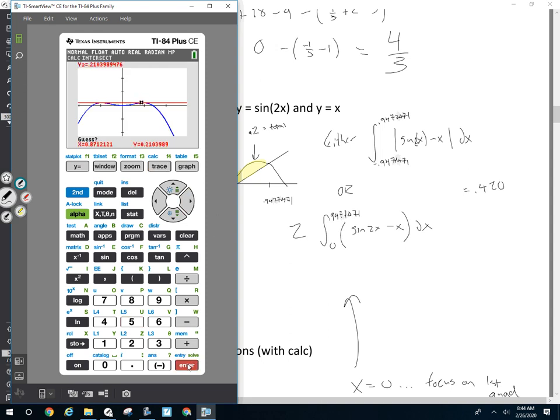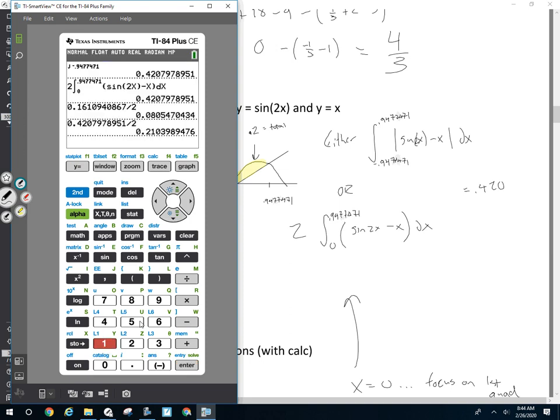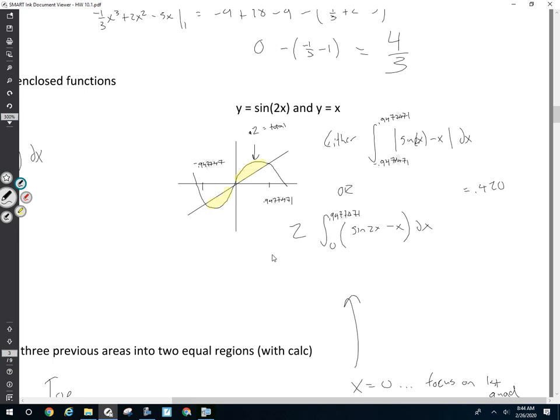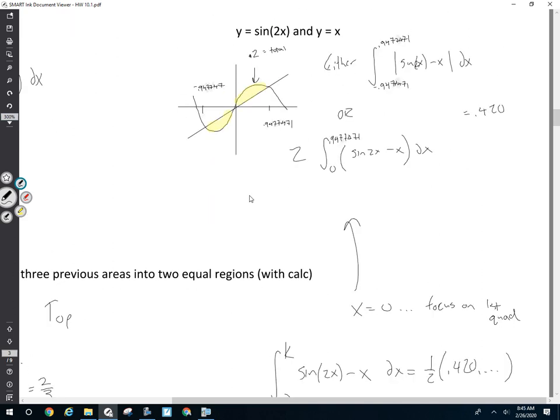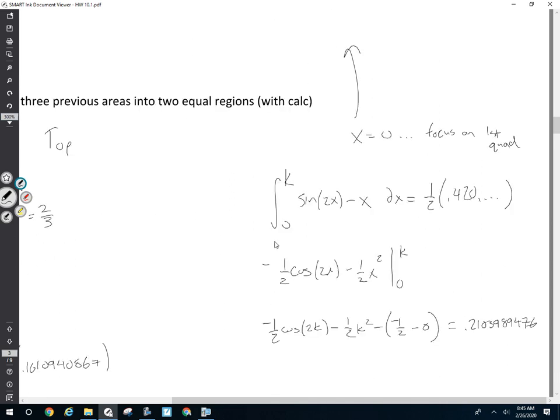I think I made a mistake somewhere. That's the area. Negative 1/2 cosine 2x, that's the correct antiderivative. 1/2 x squared, that's the correct antiderivative.